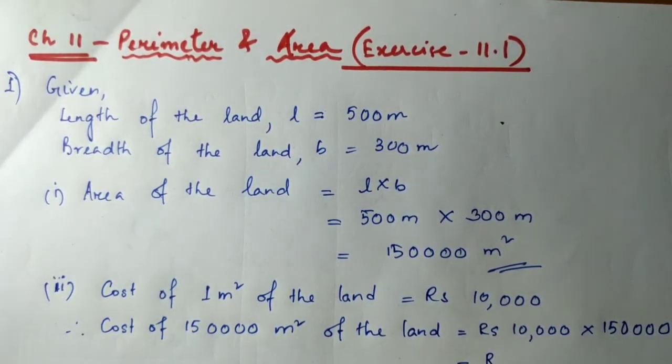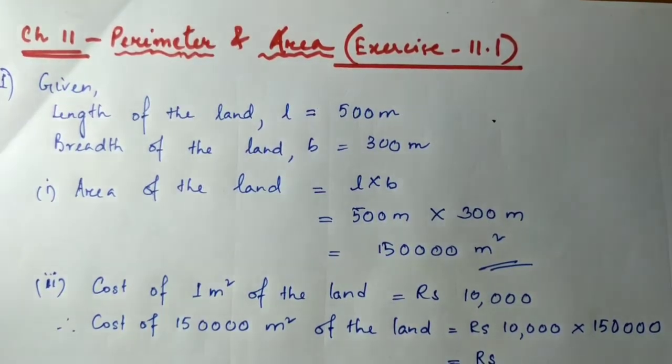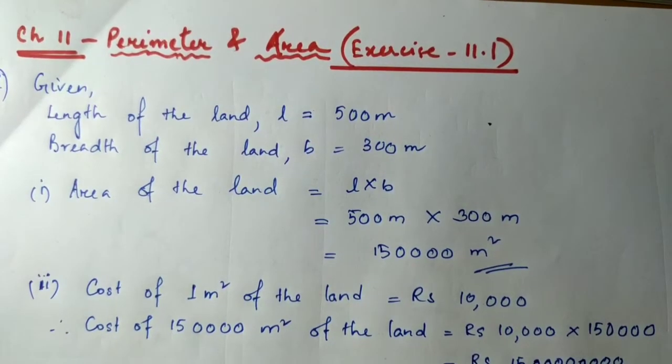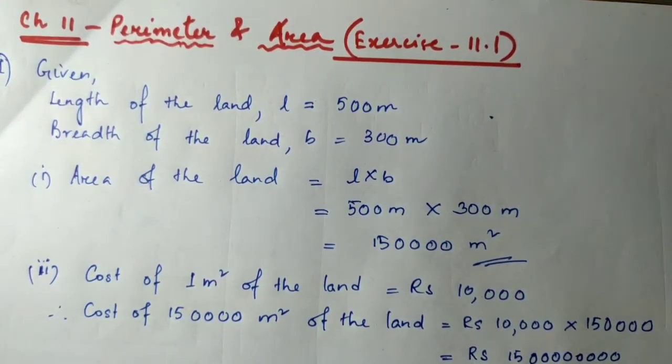If you multiply them, how much will you get? 15 already has 4 zeros with it, and then 1 2 3 4 more zeros, and this is your answer. So you have to find it this way.